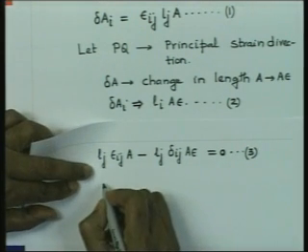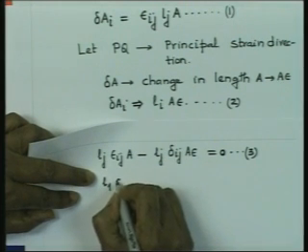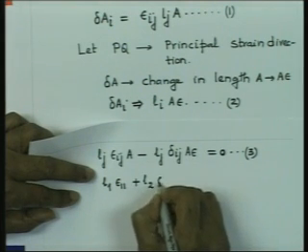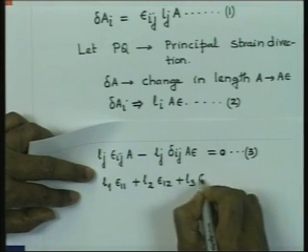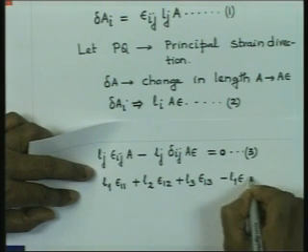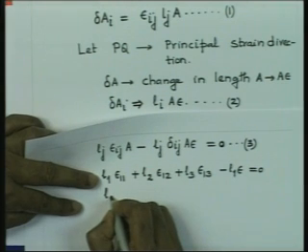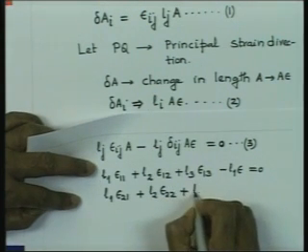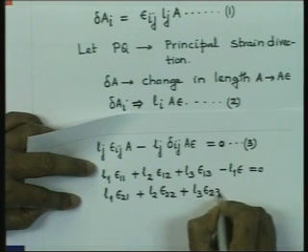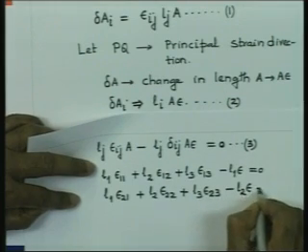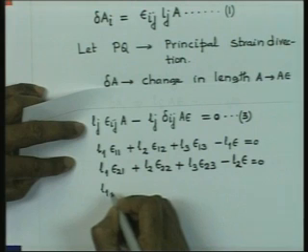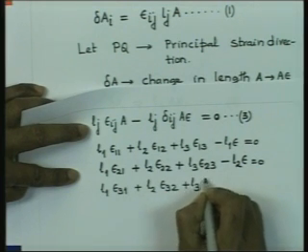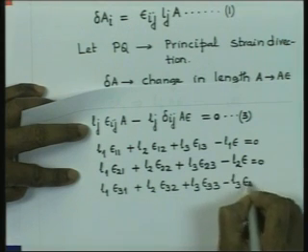So, if we expand it, you will find that this is nothing but L1 into epsilon 11 plus L2 into epsilon 12 plus L3 epsilon 13 minus L1 into epsilon equal to 0, and this is L1 into epsilon 21 plus L2 into epsilon 22 plus L3 epsilon 23 minus L2 into epsilon equal to 0, and L1 epsilon 31 plus L2 epsilon 32 plus L3 epsilon 33 minus L3 epsilon equal to 0.